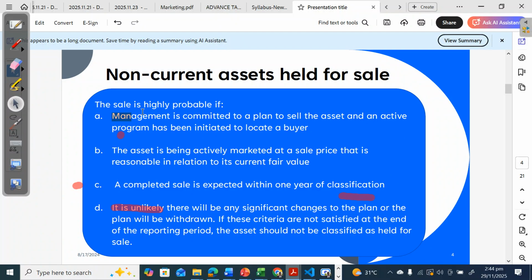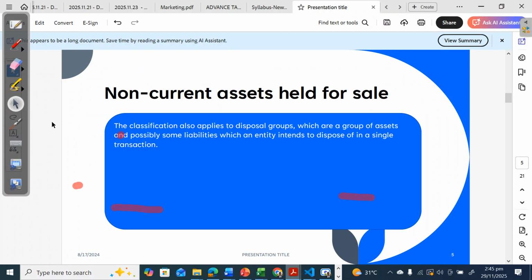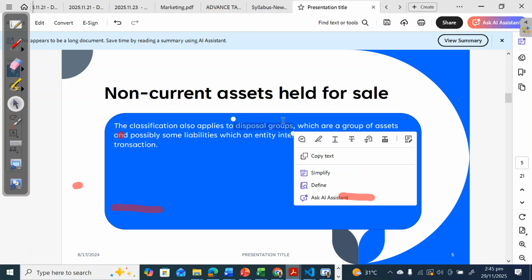Okay. So this classification also applies to disposal groups. A disposal group refers to a group of assets that are to be disposed of. For instance, a company has a branch. A branch can be a disposal group. The company can decide to sell the whole branch.